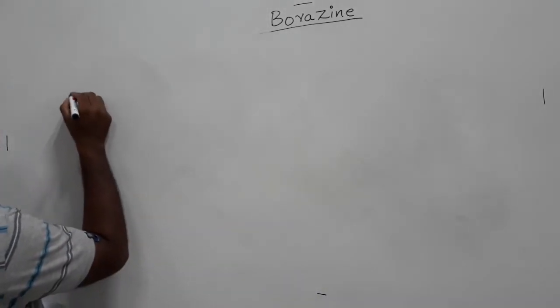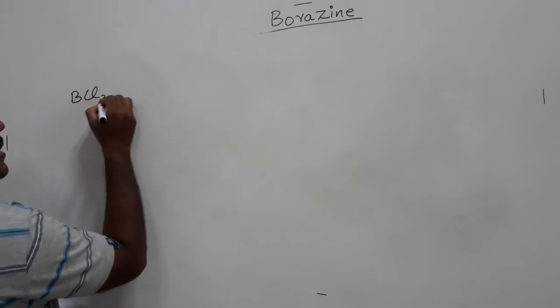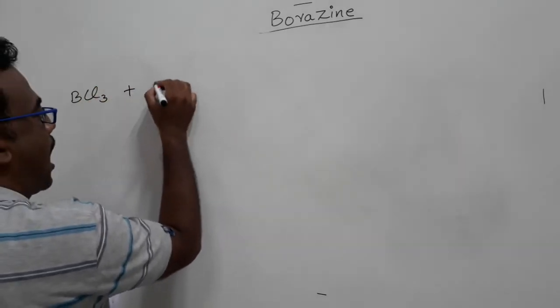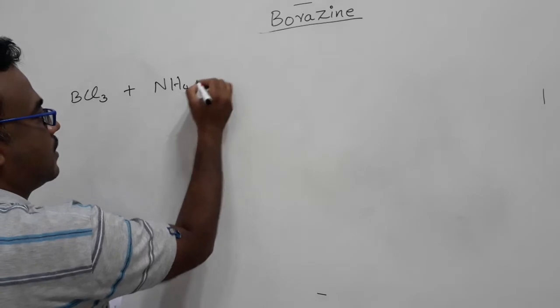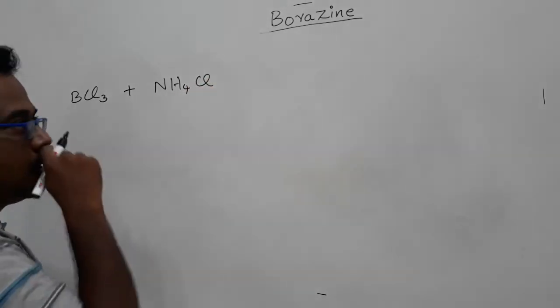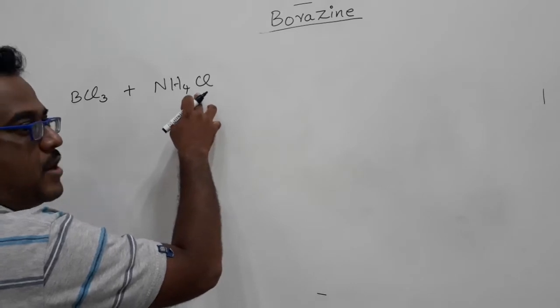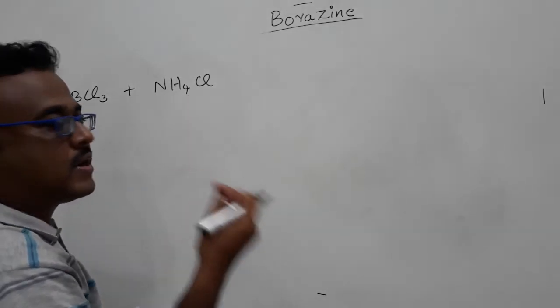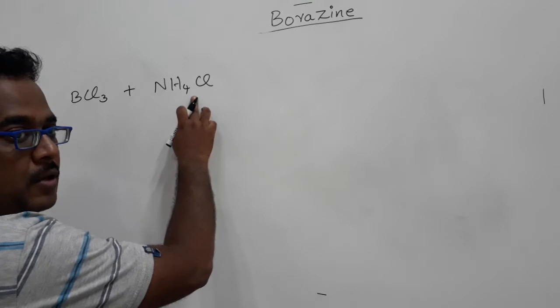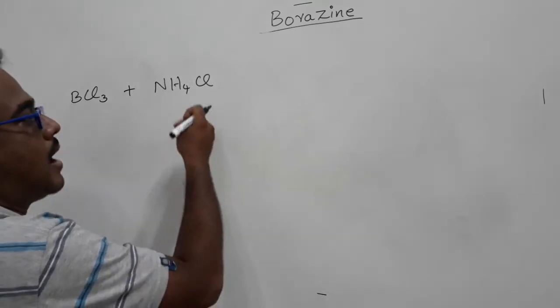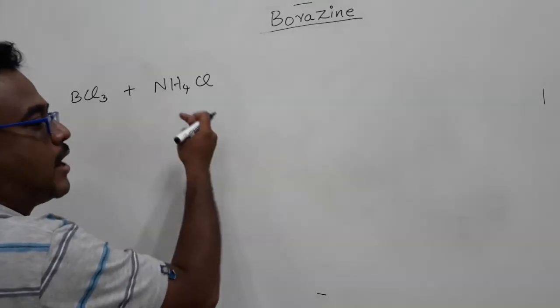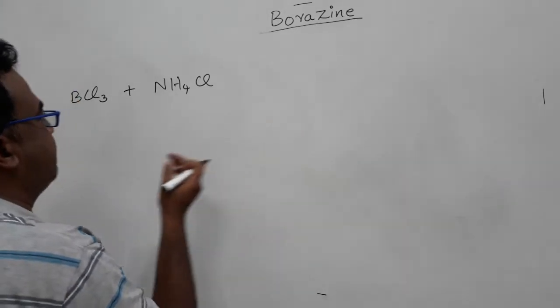Boron trichloride can react with ammonium chloride. Here we are using a salt of ammonia because ammonia is more reactive compared with ammonium chloride, so it can avoid forming some kind of side product.